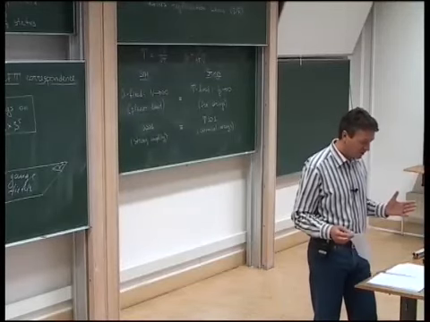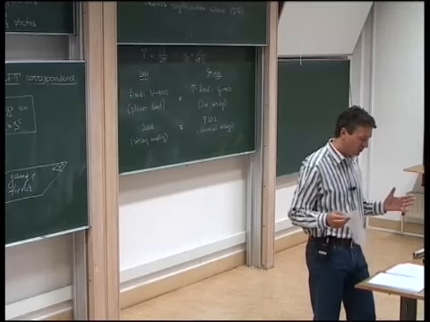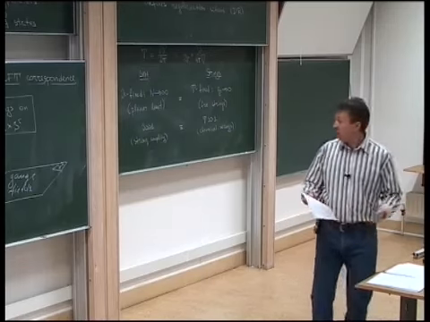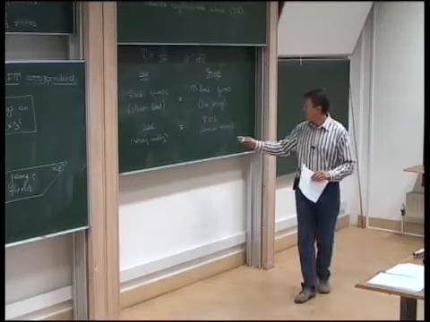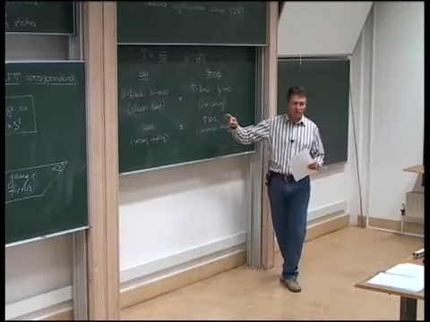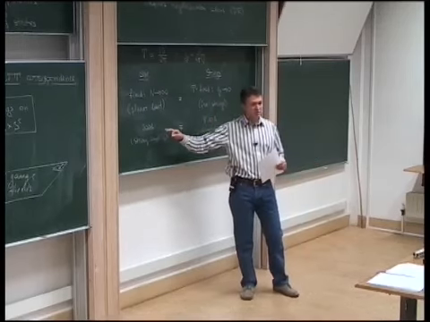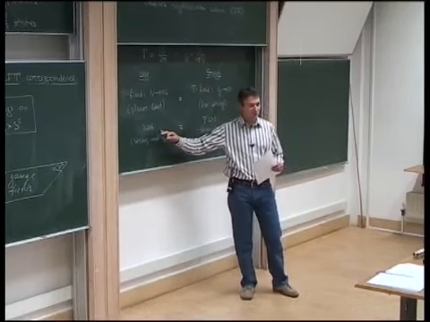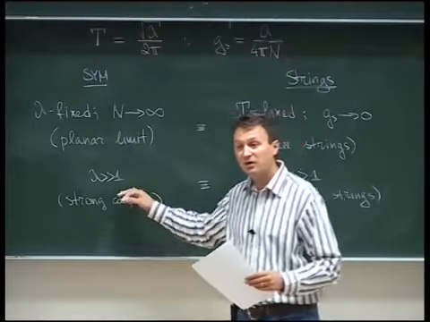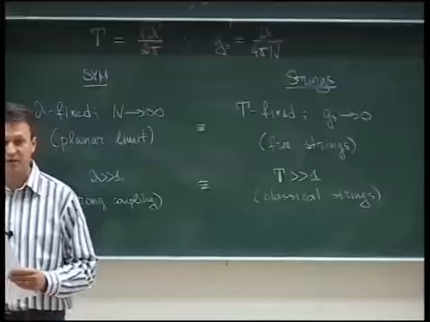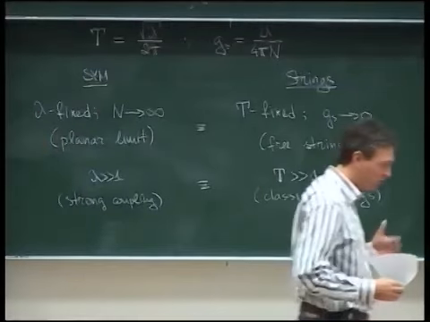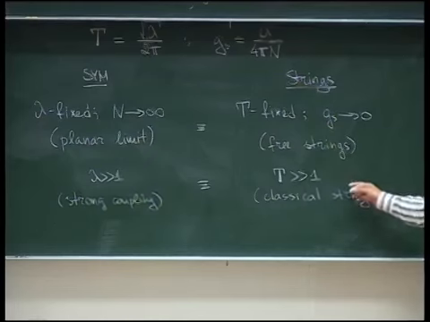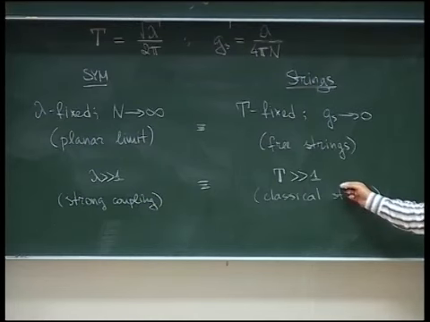And I think this is a great achievement, that just by looking at weakly coupled string theory, we are able to quantitatively describe what happens in a strong coupling limit of a field theory. And actually, what makes it even more interesting is that this is basically the gravitational limit of string theory.